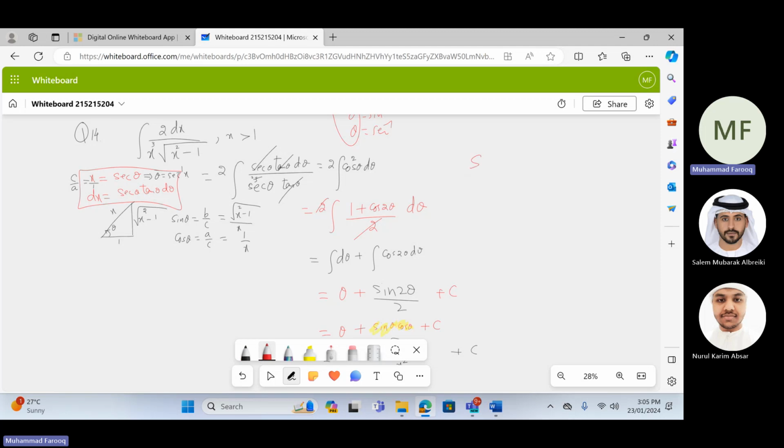Note down, please: if you have sine 2 theta, it will be 2 times sine theta and cosine theta. You can change double angle to single angle. That's why we write here 2 times sine theta cosine theta, and the 2 over 2 is already there. Then it's cancelled out, so I have sine theta cosine theta. That's clear? Good, because we use this identity. Okay. Thank you.